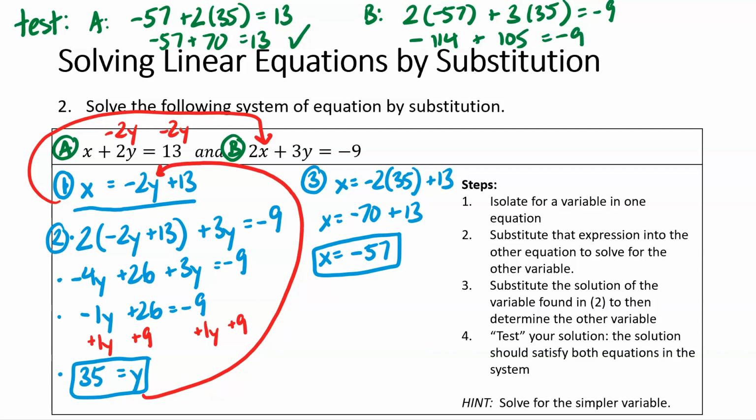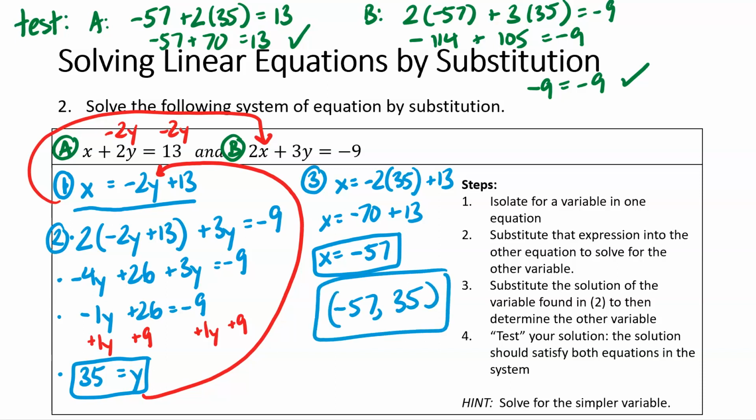Does that equal -9? -114 plus 105 is -9. Yes, that equals -9. That holds true. So our solution of -57 and 35 is the solution.